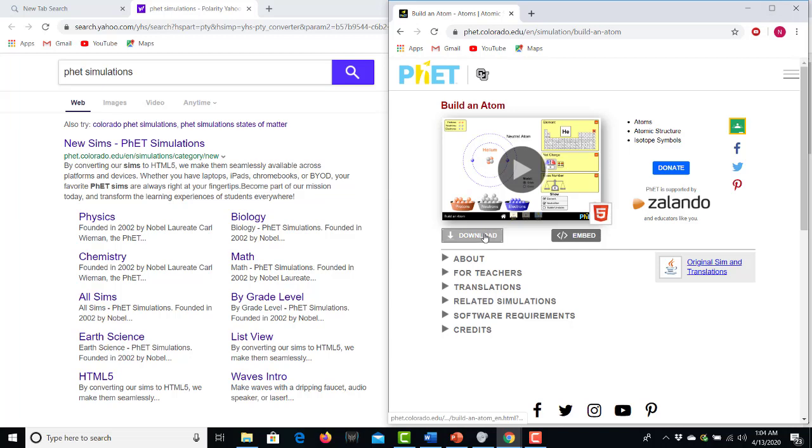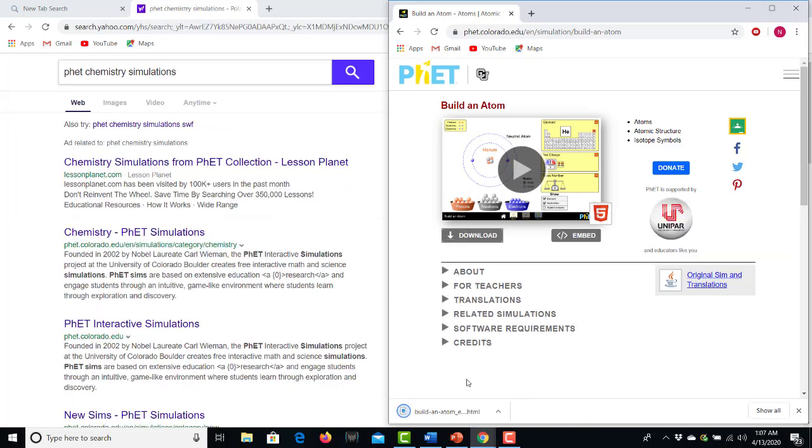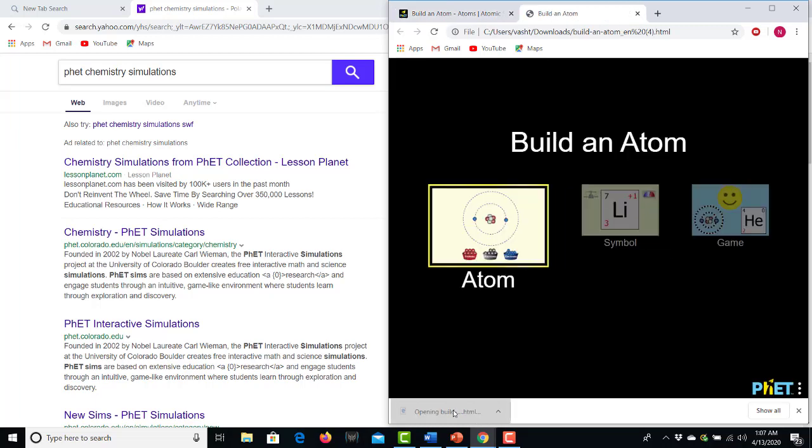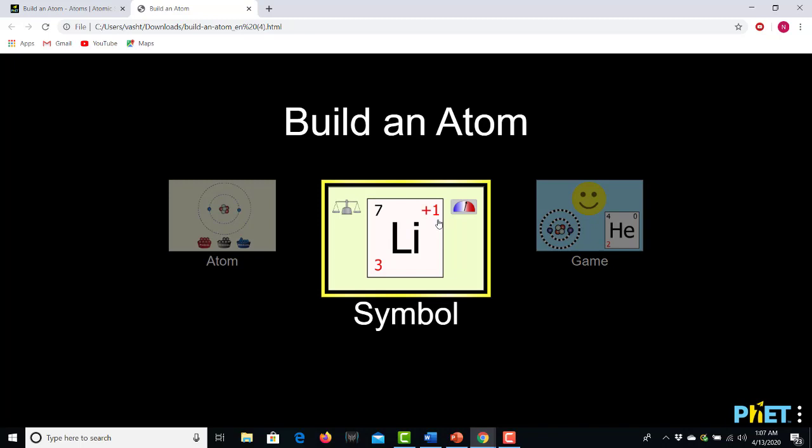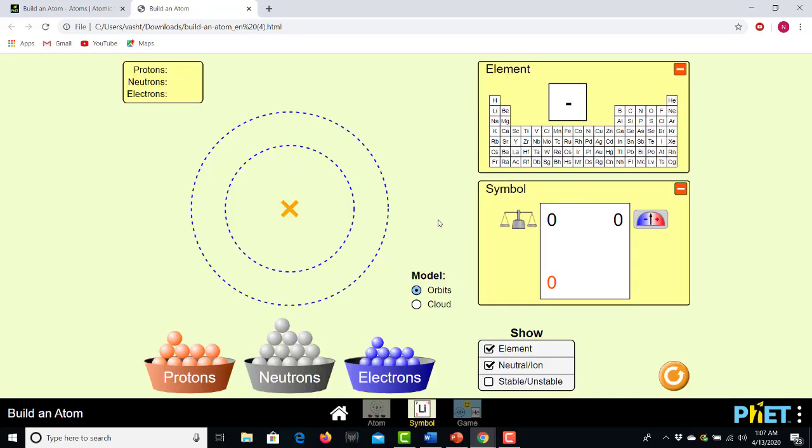Download. Select the icon that says symbol. And here's the opening window.